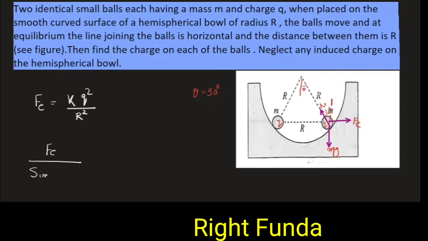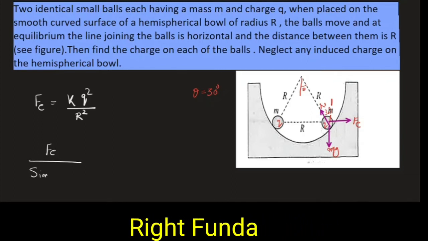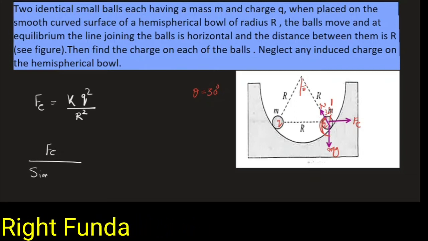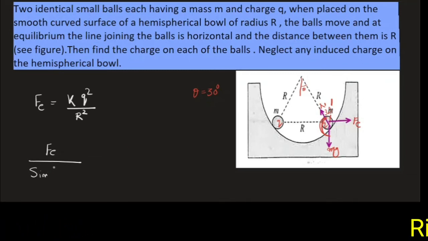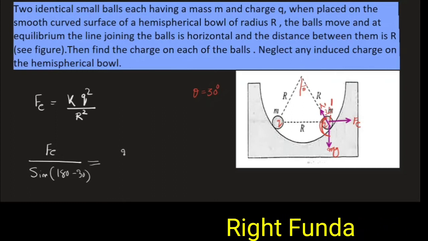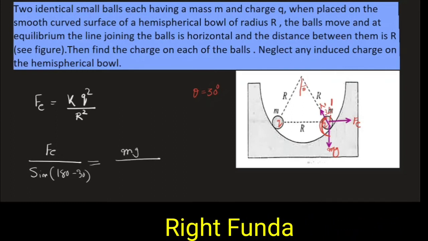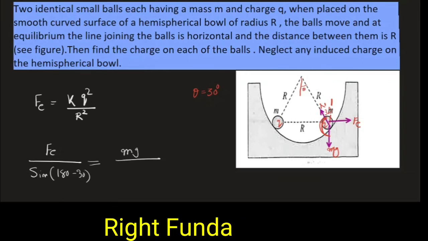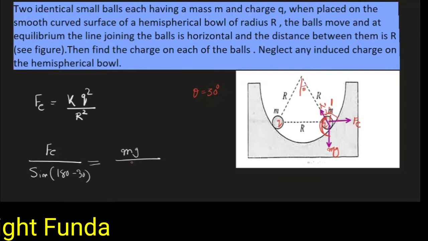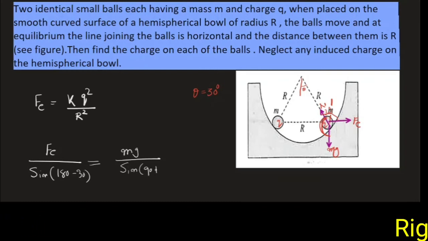Because three forces are acting in equilibrium, only then is Lami's theorem applicable. The angle opposite Fe is 180 minus theta, so Fe by sine of 180 minus 30 is equal to mg by the sine of the opposite angle of mg, which is the angle between N and Fe, equal to 90 plus 30. So mg by sine of 90 plus 30.